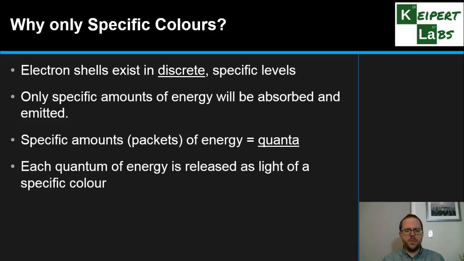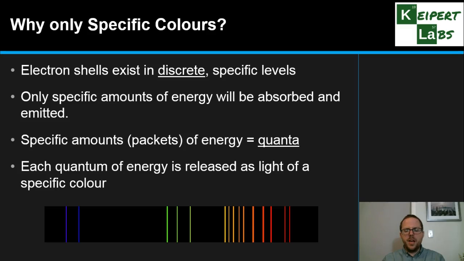And I recognize we've said the word specific a lot in this part, but the idea here is that rather than an infinite rainbow, we get a series of particular colored bands for particular elements. From memory, I believe this one is iron, but don't quote me chapter and verse on that one. So we're only giving off these particular colors that correspond to the possible jumps that the electrons can make in the energy levels of that atom.